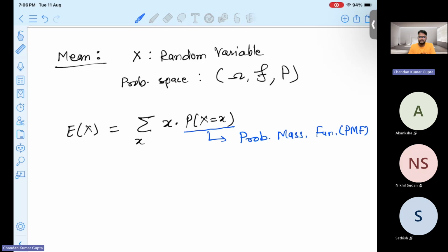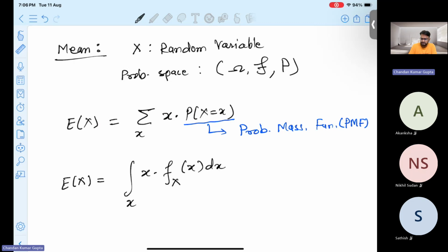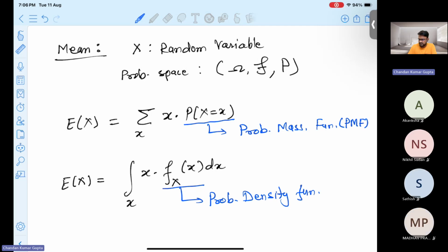This is defined as the moment, arithmetic mean, first order moment, or expectation of X. In case X is continuous in nature, the expected value of X is obtained by replacing the summation with an integral of x times f_X(x) dx. Here f_X is nothing but the probability density function, in short PDF.